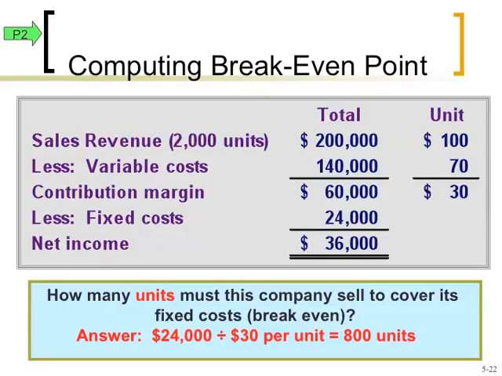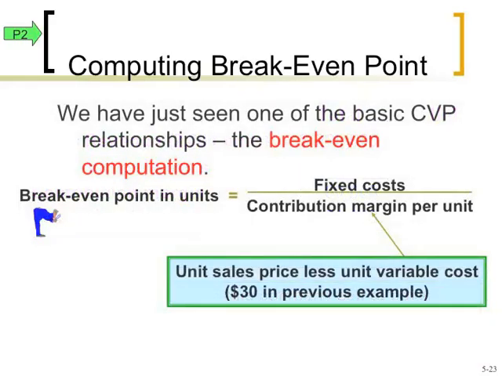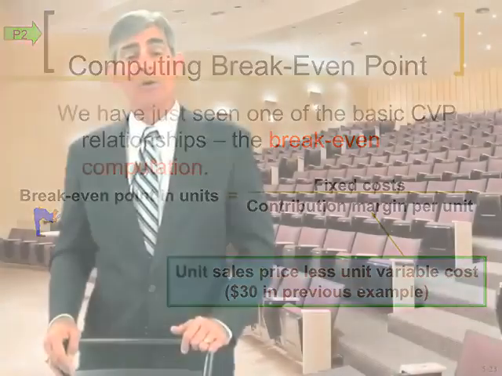We go to the next slide, and now we actually see the calculation: our fixed cost of $24,000 divided by the $30 per unit says we break even at 800 units. Notice our company actually sold 2,000 units, so we're well above the break-even point.